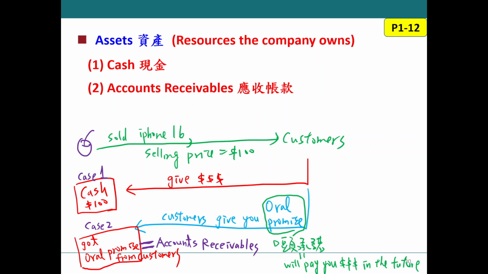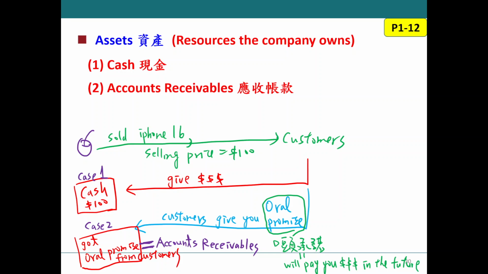What happened to you? Accounts receivable. The whole story is what? Your company sold products to customers, but customers didn't pay you money, only gave you oral promise, will pay you money back in the future. This is the whole story.